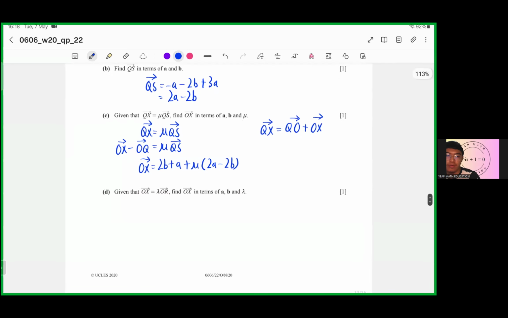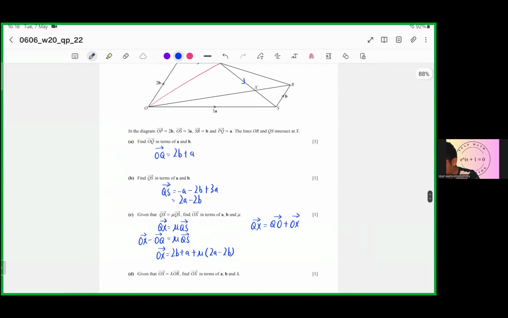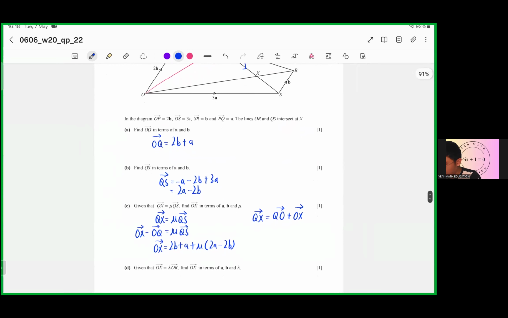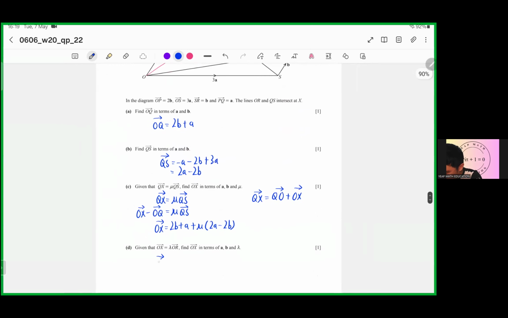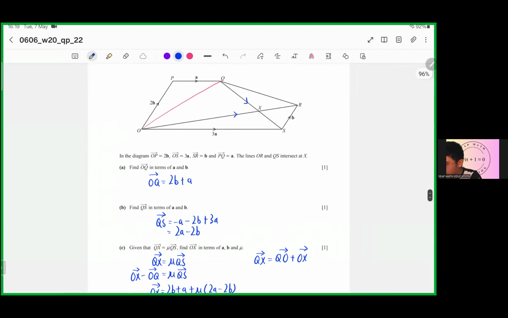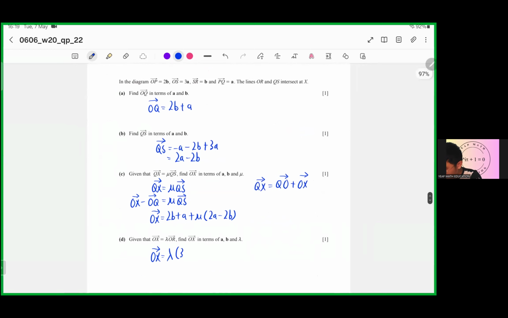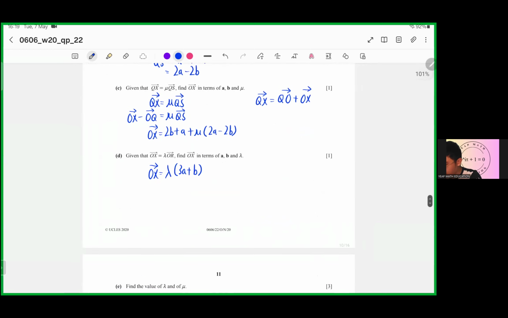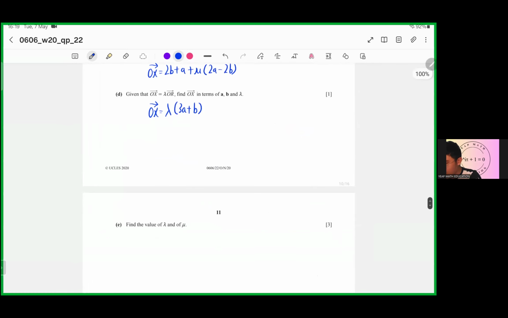Okay, now we continue for question D. Given that OX equals lambda OR, find the OX in terms of A, B, and lambda. So OX equals lambda OR, right? So we can see OR here, 3A plus B. And then we see E, find the value of lambda and U. Okay, so we use this.